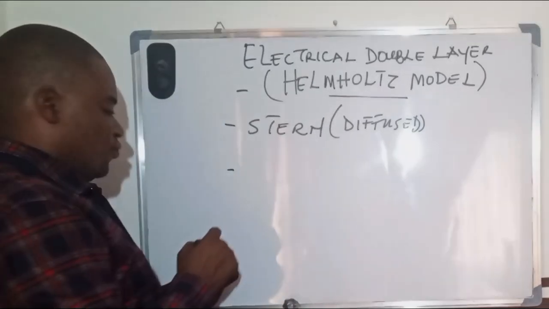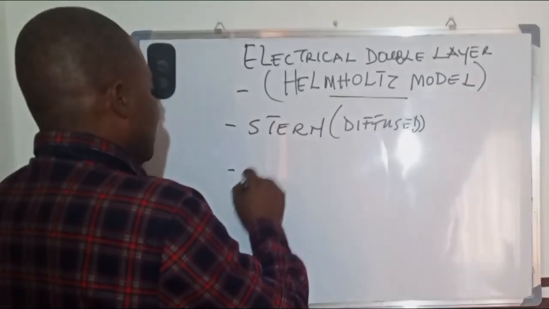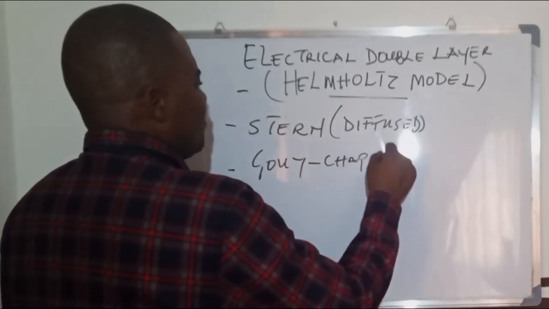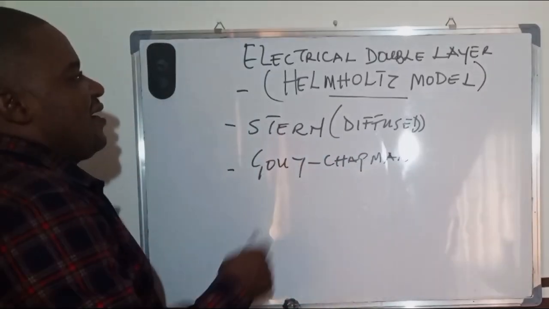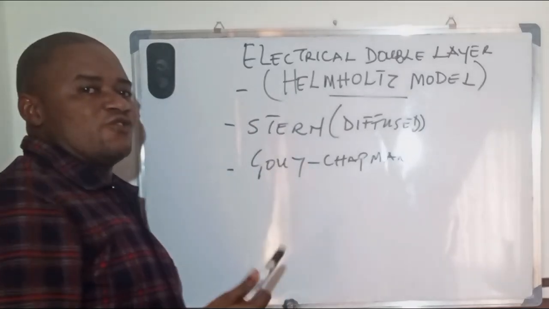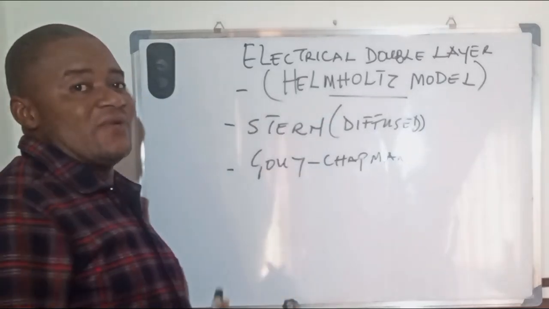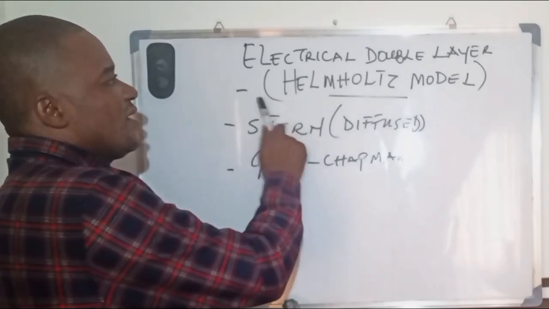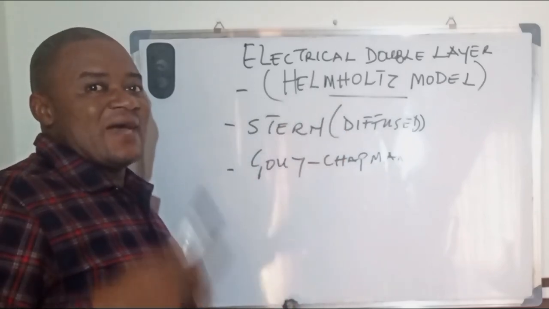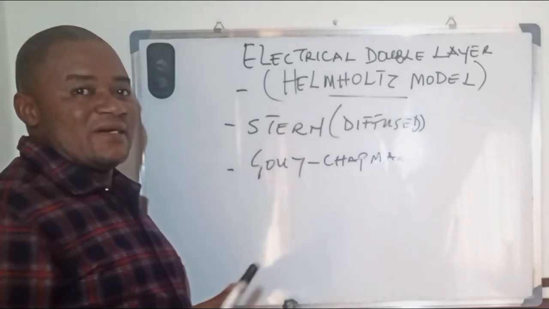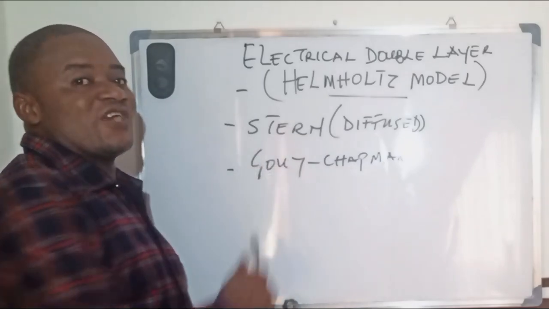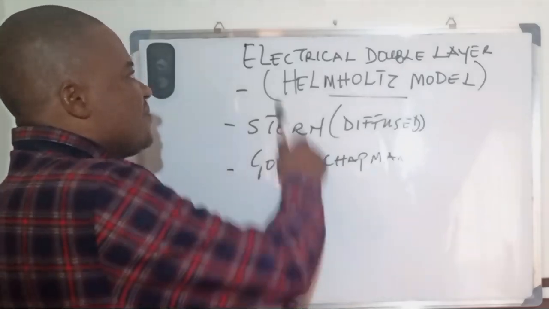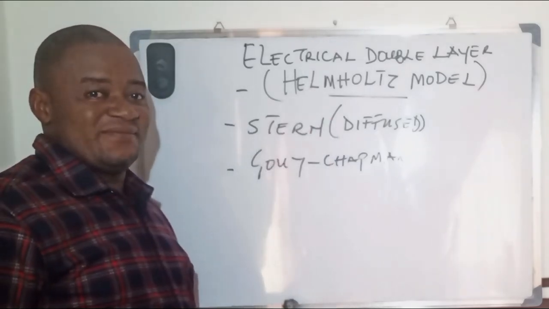Then this deficiency also gave rise to another model that you call the Gouy-Chapman model. So these are the three basic models that you can use to discuss the electrical double layer. We are going to do justice to the Helmholtz model today. In our next class, we will discuss the Stern model, and in the subsequent class, the Gouy-Chapman model, and we see how the three models are different but discuss the same thing under the electrical double layer.